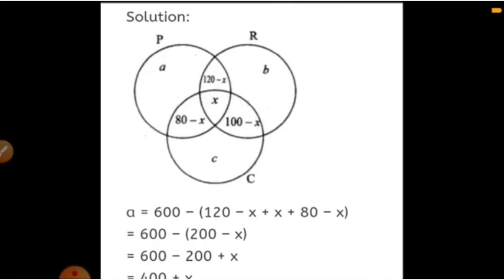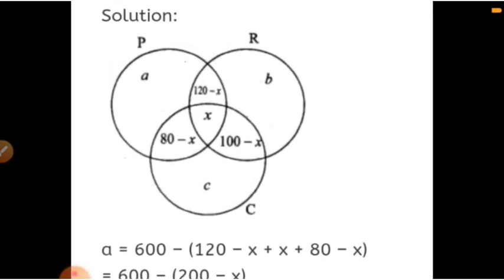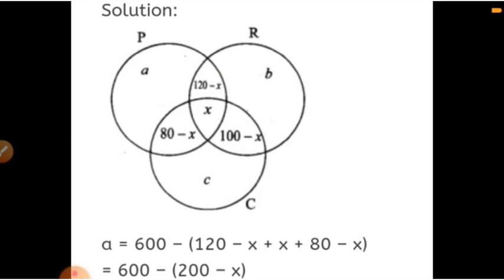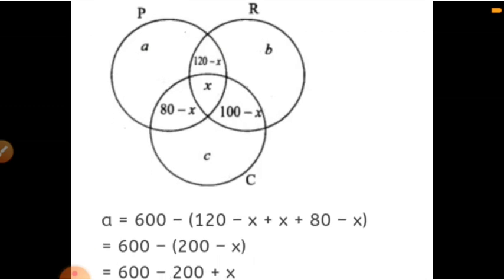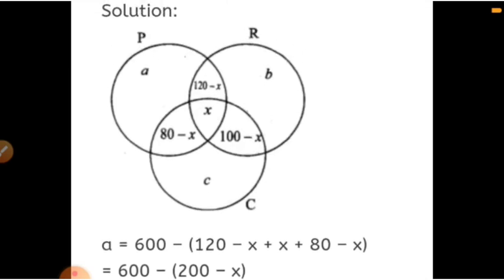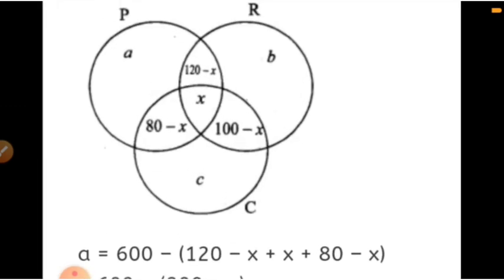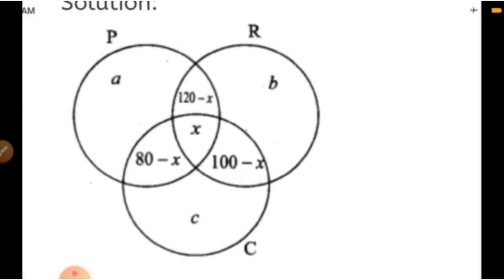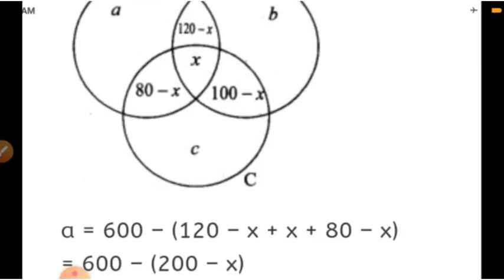First circle P, circle paddy, second circle ragi, and corn C. Okay, right. Number of farmers who grow all three is equal to x. This is the Venn diagram.